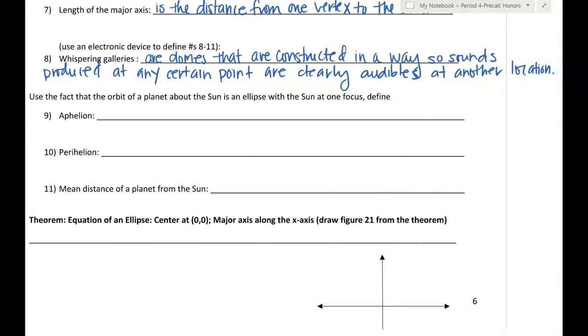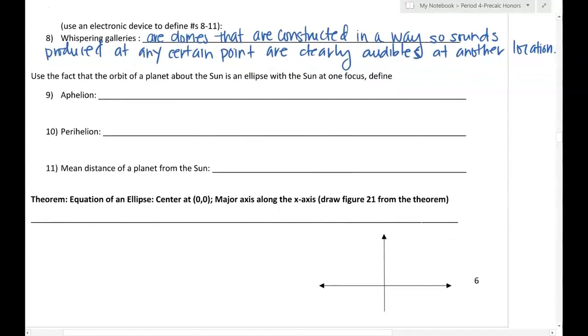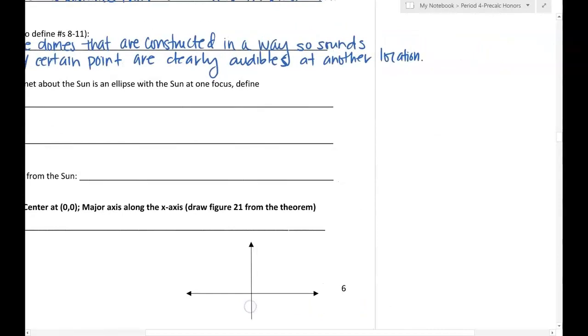Now the next 3 vocabulary, I'm going to draw a picture and then I'm going to define them at the same time, okay? All right, let's go draw this picture. So here is an ellipse. Pretend it's a perfect ellipse. Okay. So we have an ellipse.